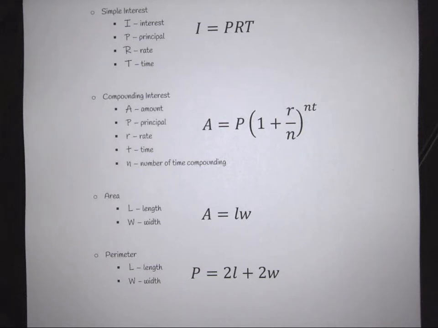So in this case, our time is definitely going to be in terms of years. And we're talking about how many times you would be having that interest deposited into an account over the course of however many years you're talking. Okay, so with compounding interest, that's what we're looking at.